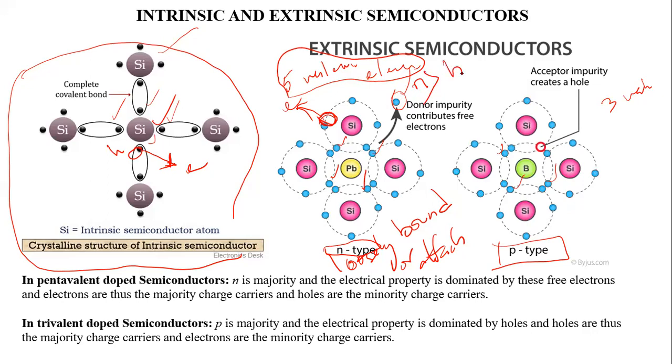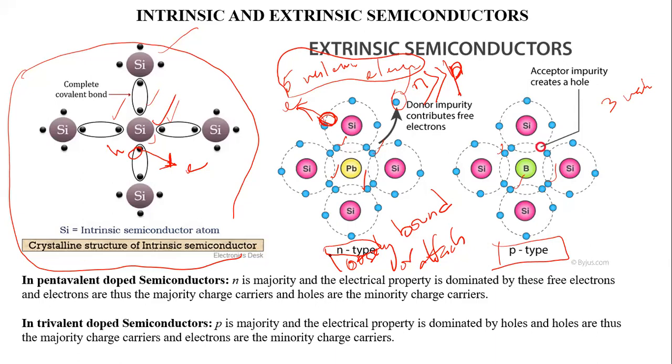If p represents the number density of holes, the number density of electrons is much greater than the number density of holes. Therefore, in an n-type semiconductor, electrons are known as the majority charge carriers. However, holes are known as minority charge carriers. Holes are minority charge carriers in an n-type semiconductor.